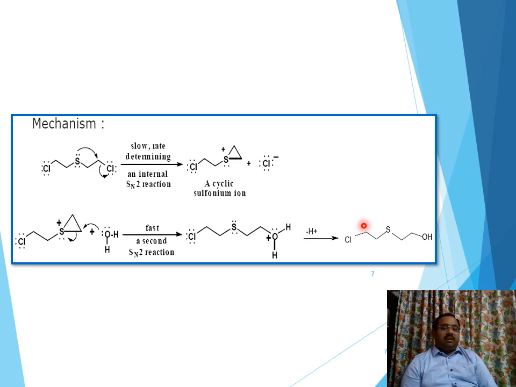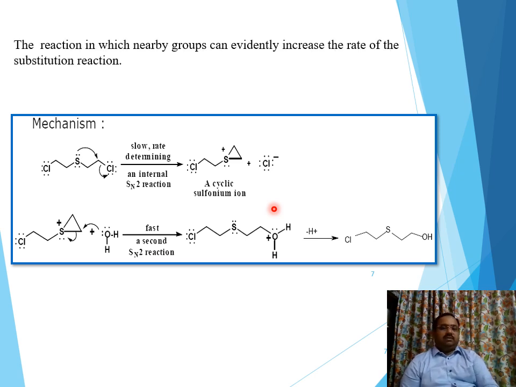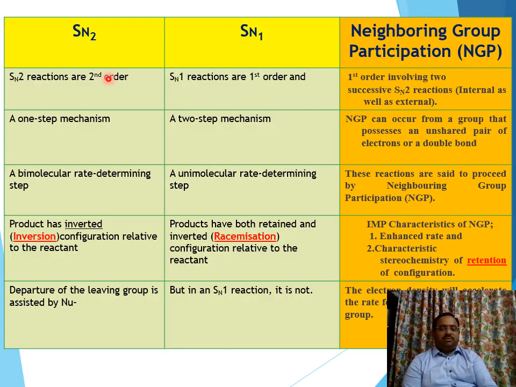The rate of the reaction, as compared to the normal nucleophilic substitution reaction, is always higher in NGP. So the reaction in which nearby groups participate increases the rate of the substitution reaction. For better understanding, this is the chart you can see here.